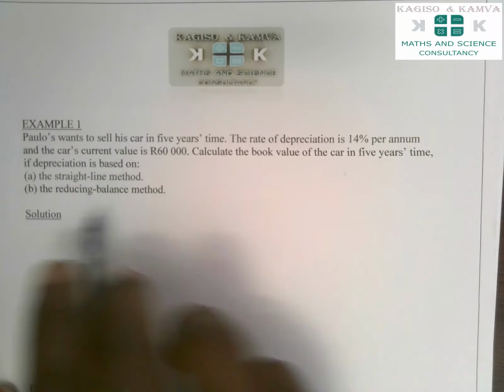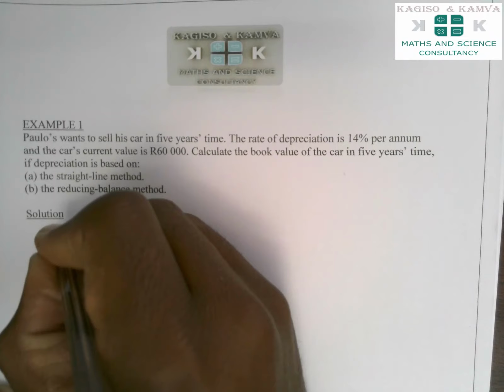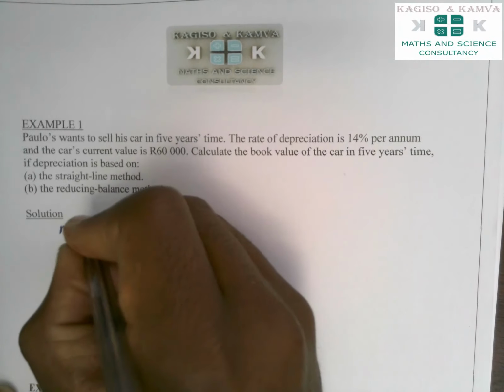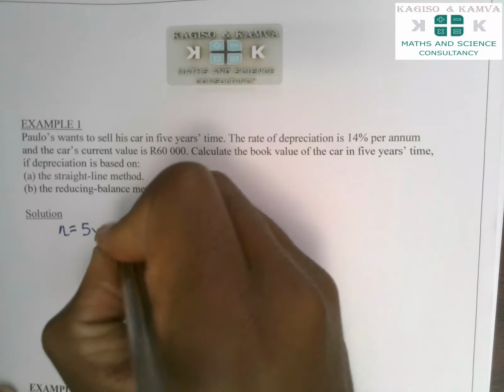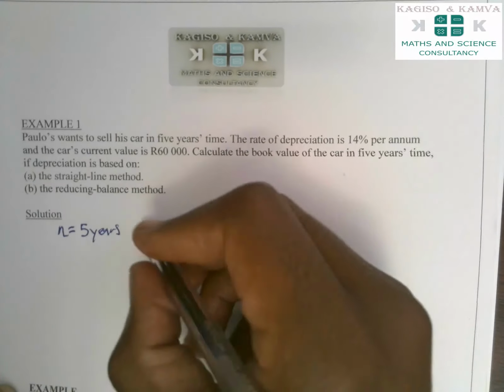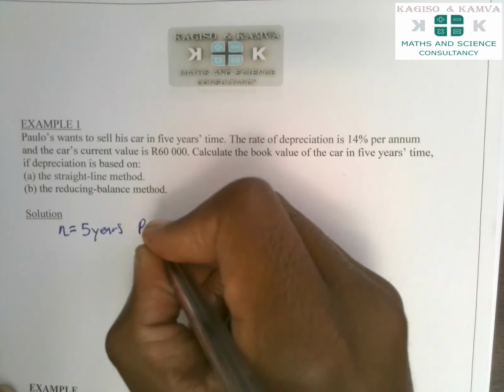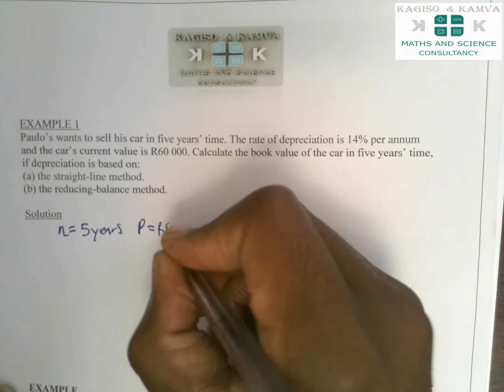So now we know that the number of years is 5. We also have the present value of the car, which is 60,000.